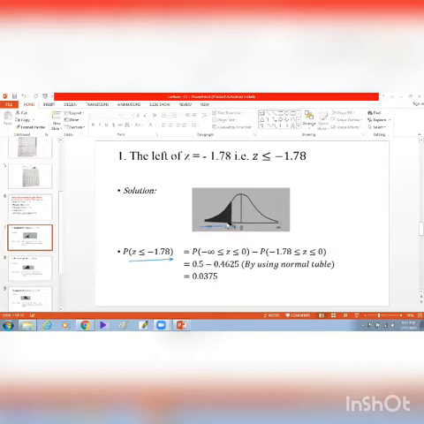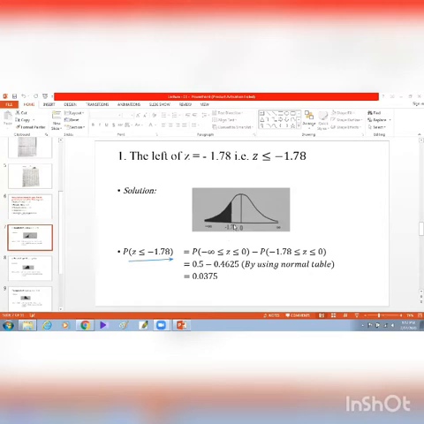Now minus infinity to 0 and 0 to plus infinity, these two portions are each half of the whole figure. That means 0.5 and 0.5, because you know that the total probability is 1. So here probability of minus infinity to 0 is 0.5.